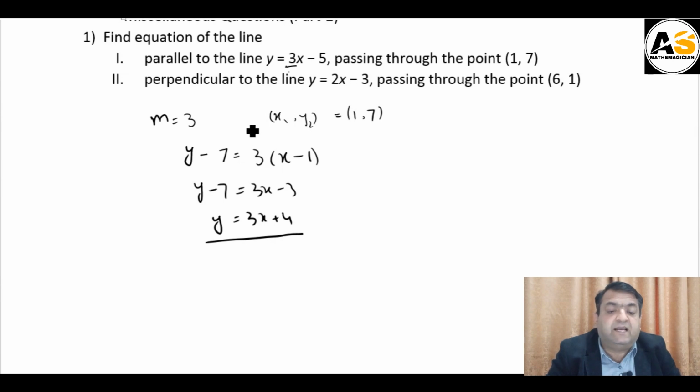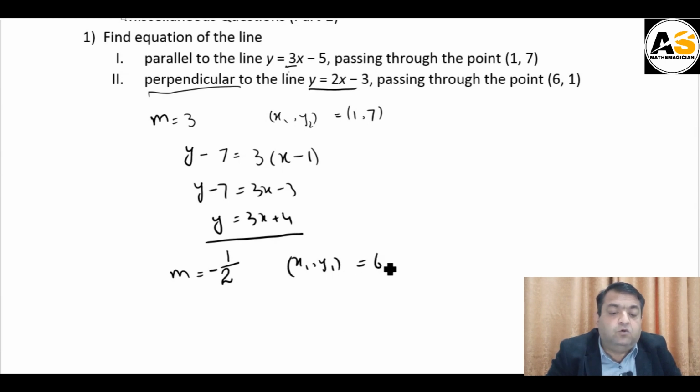Now we come to the second part. We have to form the equation of a straight line which is perpendicular to this line. What is the gradient of the given line? Gradient is 2. So what will be the gradient of any line perpendicular to this? It will be the negative reciprocal of 2, which is minus 1 by 2. Again, the point given is 6, 1.